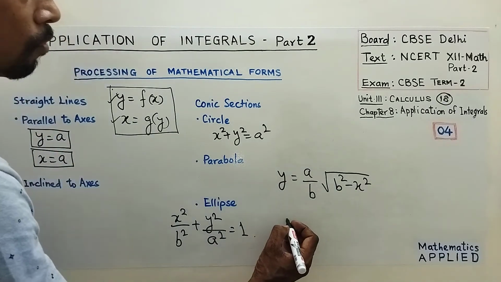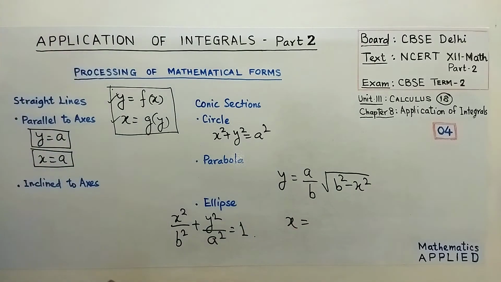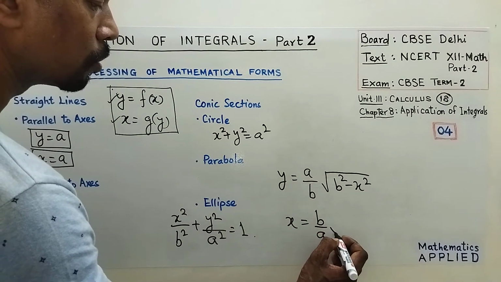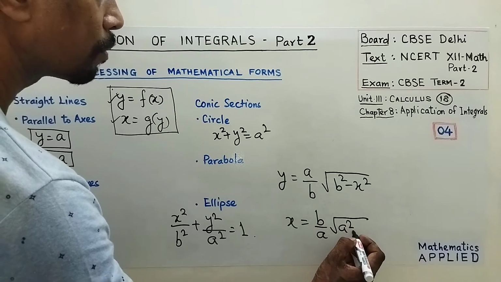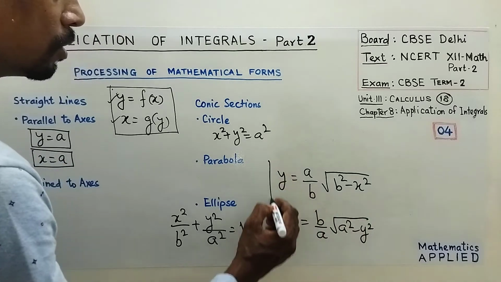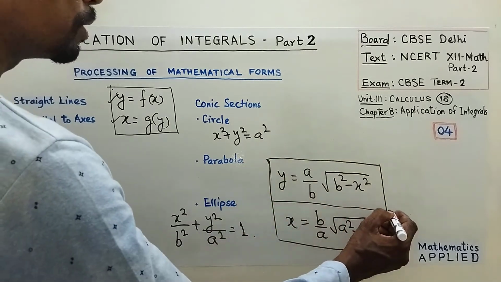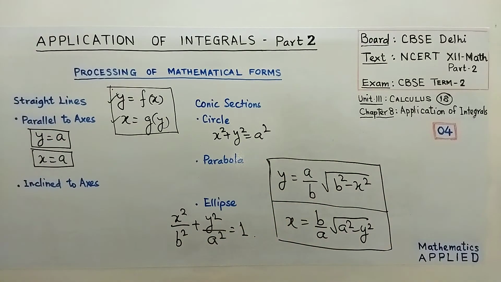This is one form. Then x will be equal to b by a root over a square minus y square. So these are the two important processed informations that we have for ellipse.